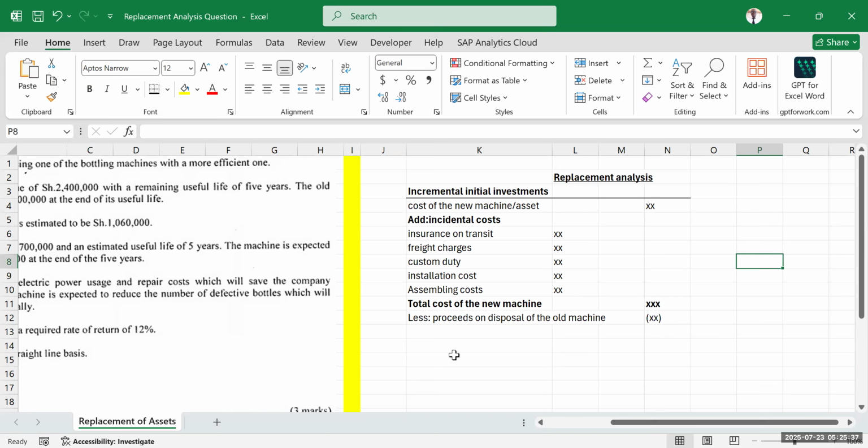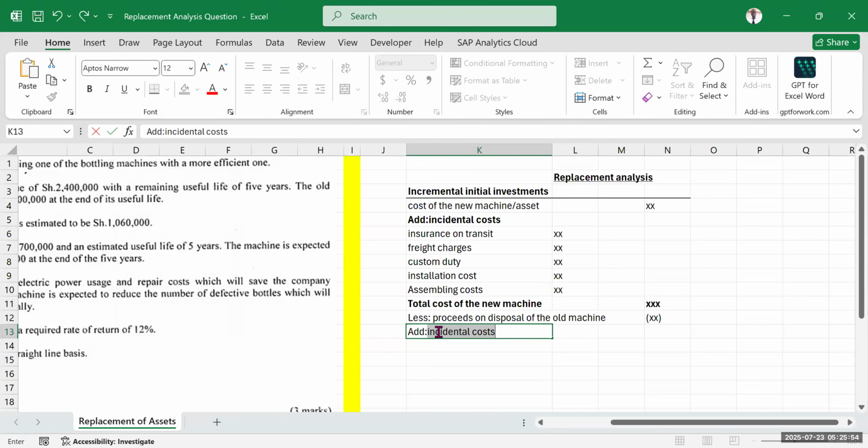Then, in case there will be any requirement of injection or involvement of working capital at the start, that injected or invested working capital on the new machine should always be considered. So what do you do with it? You add investment in working capital.